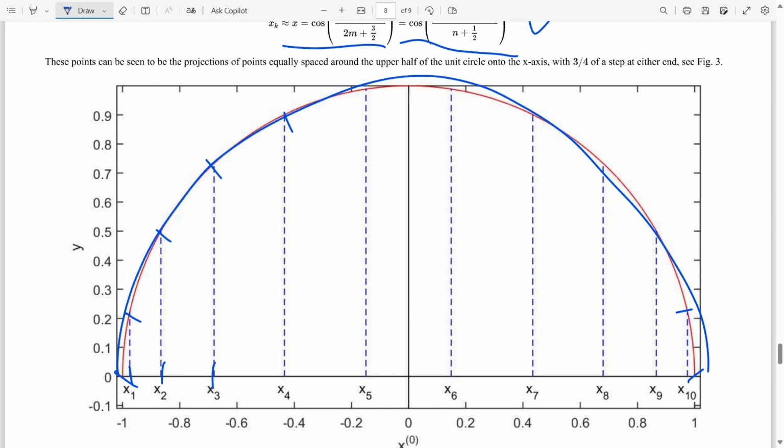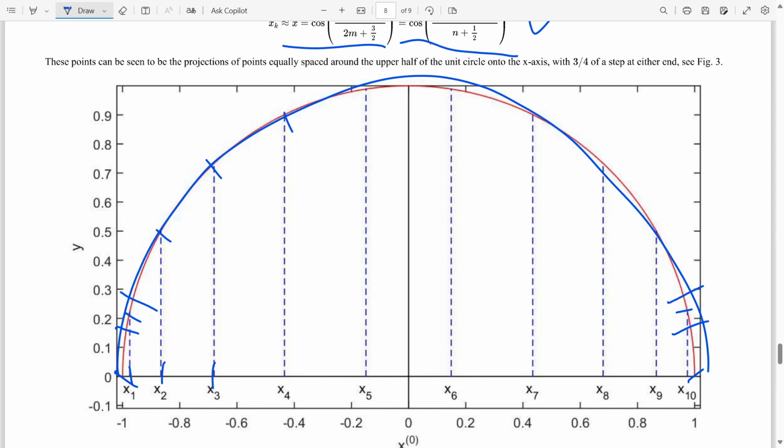Now, for the Chebyshev polynomials of the first kind, you get the same picture except the first step is only half a full step, and the roots are actually exact. Similarly, for Chebyshev polynomials of the second kind, the first step is a full step, and the roots are exact again.